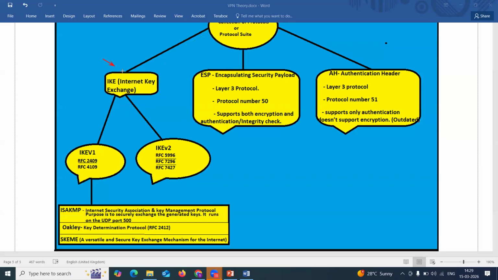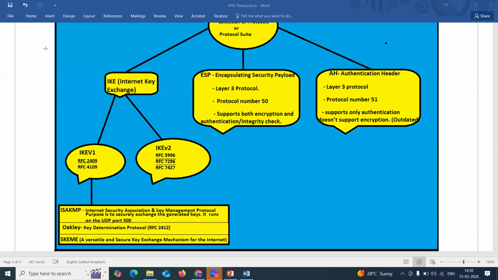Understand, IKE is Internet Key Exchange. It's a method, a way of exchanging the keys over the ISP. And it uses protocols like ISAKMP, Oakley, SKEME. Mostly we use the ISAKMP protocol. So we also call IKE a protocol.